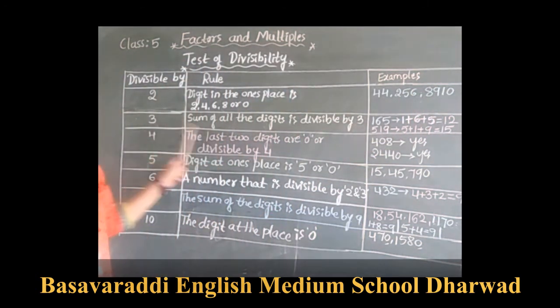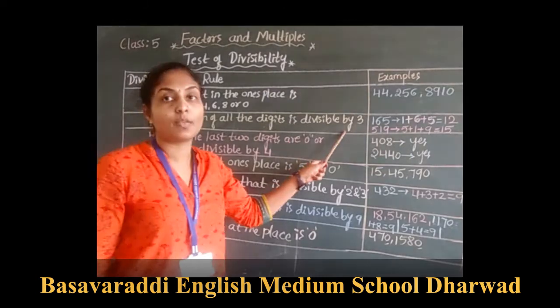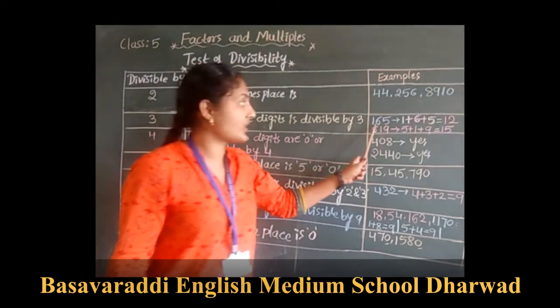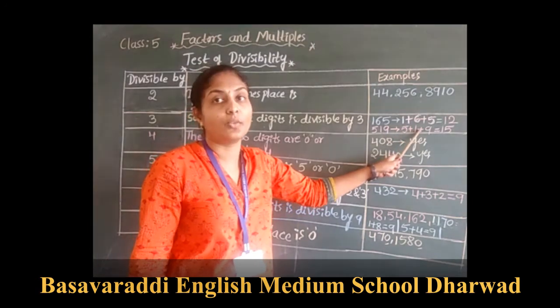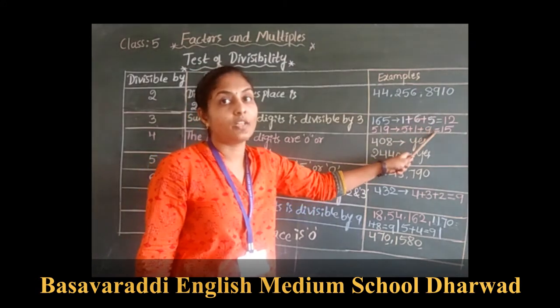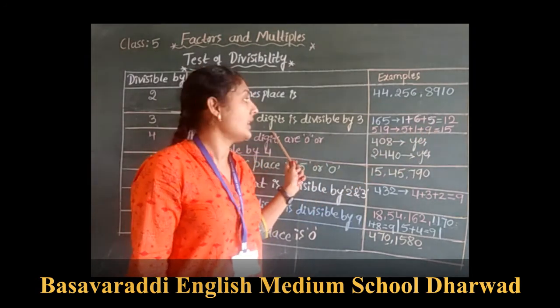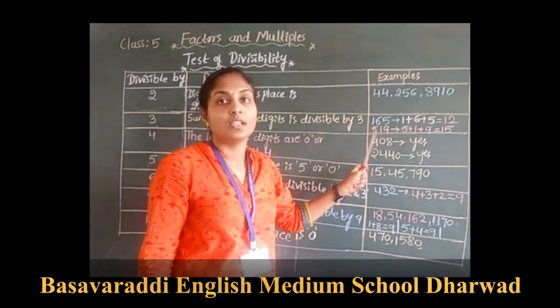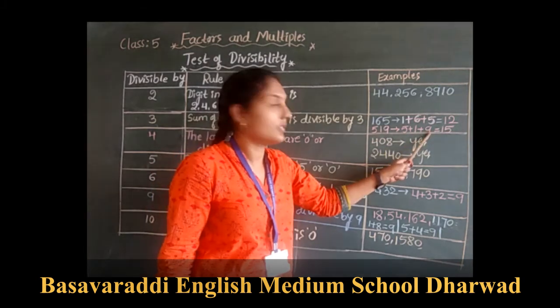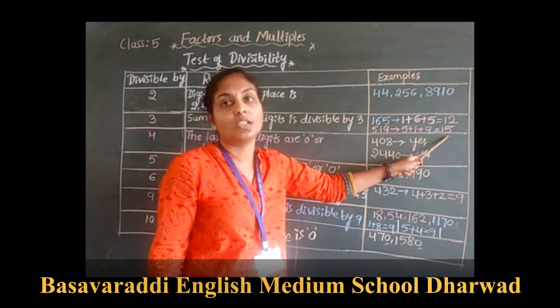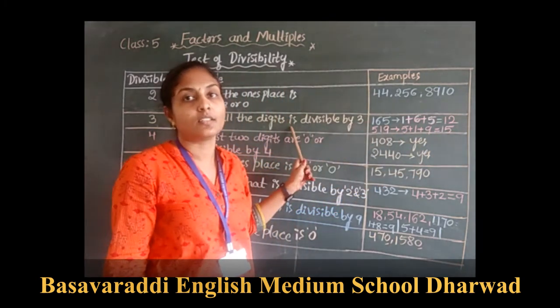The third rule: the sum of all the digits is divisible by 3. For example, 165. So 1 plus 6 plus 5, we get 12 there. 12 is divisible by 3. As well as one more example, 591. So 5 plus 9 plus 1, we get 15. 15 is also divisible by 3 there.